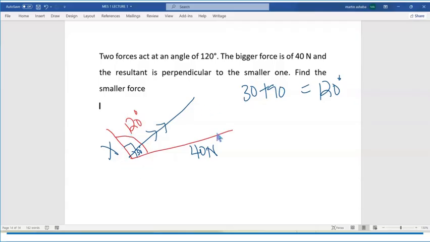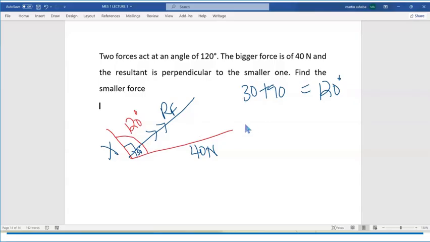If we want, we can use that parallelogram law. Okay, we need to first find the resultant. This is the resultant.